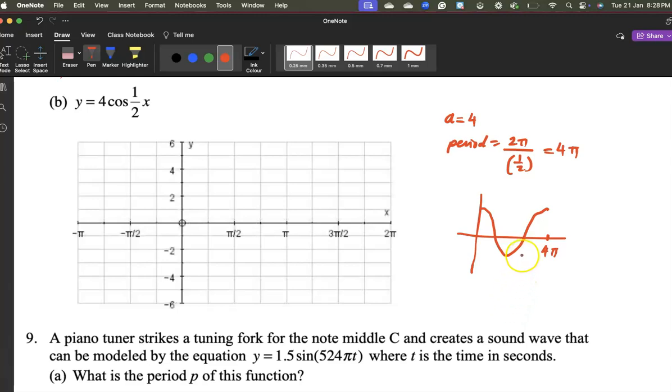And then 2 pi, this is pi, this is 3 pi. This one is 4, minus 4. So pi is 0. 2 pi is minus 4.